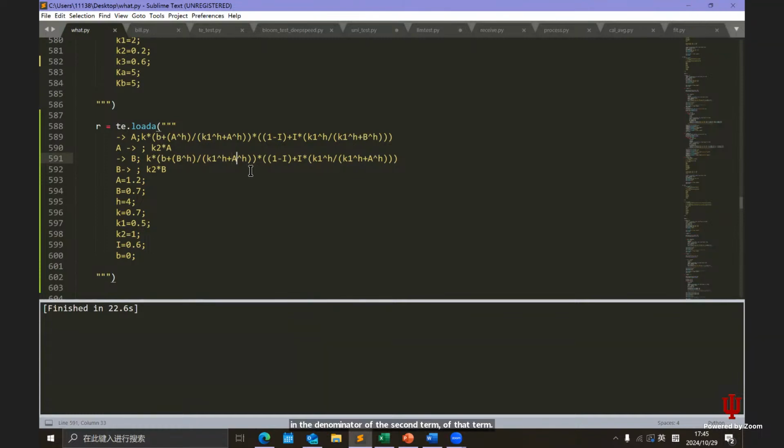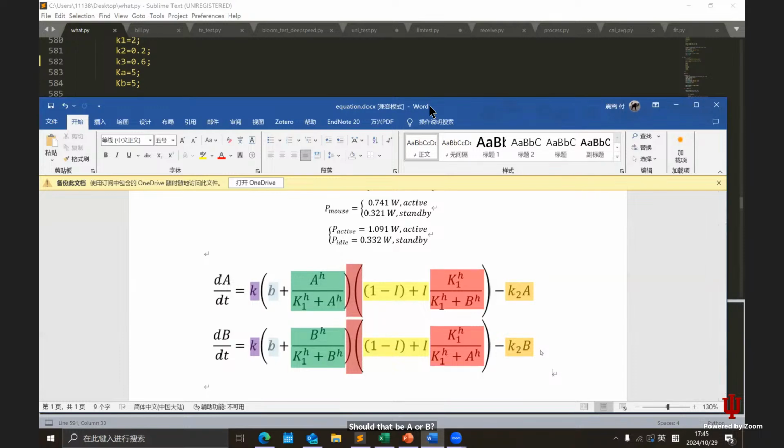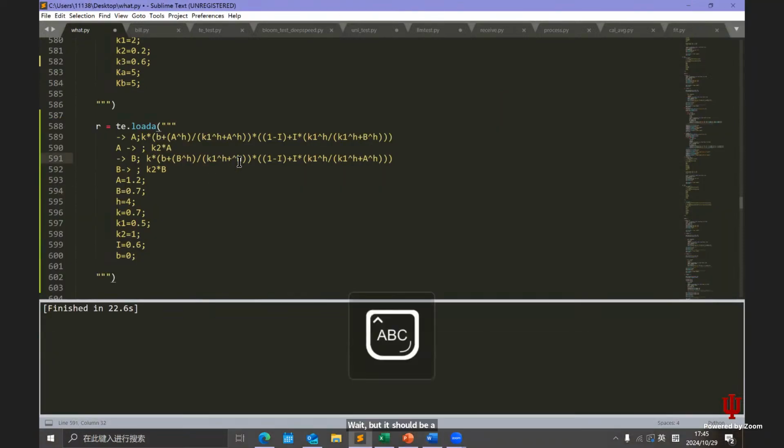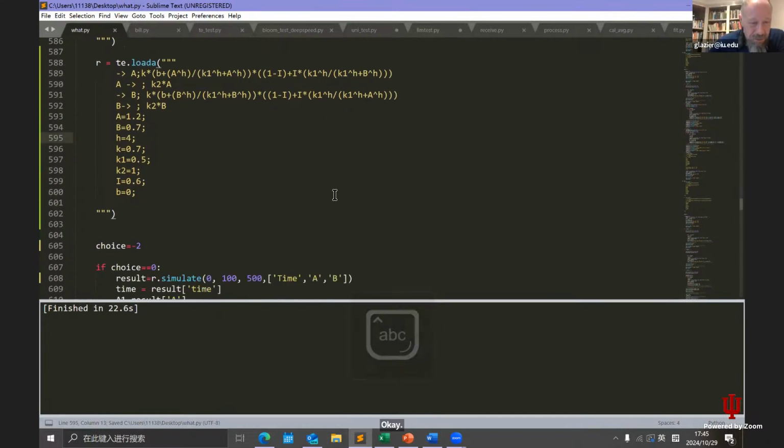Should that be A or B? Wait, what? It should be... oh, the typo. Yeah. Okay. Right. Now, let's try again.